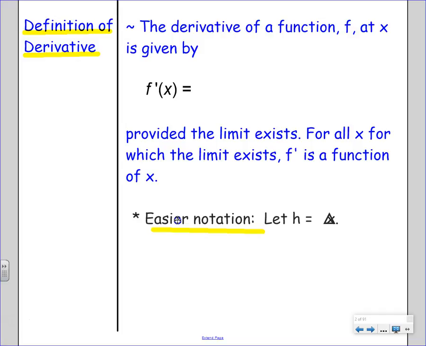And once again, it was an informal definition. It wasn't the crazy mathematical proof as to why and how it works, but it is a definition. So continuous. Description: a graph with no holes, jumps, breaks, vertical asymptotes. But the definition is f of c exists, the limit as x approaches c of f of x exists, and f of c equals the limit as x approaches c of f of x. All three conditions must be true.